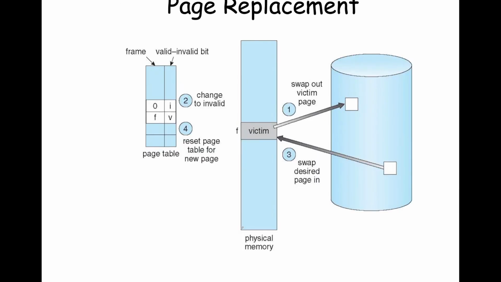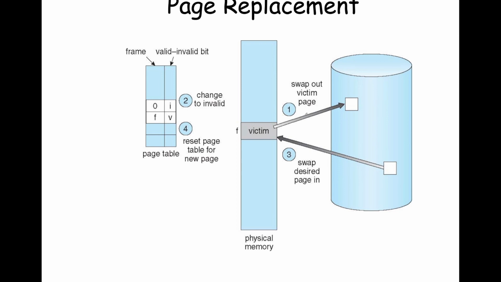Okay, and so this schematic is in the book, and it's an illustration of the steps involved in doing this swapping, this page replacement selection. And so here on the left, we have the page table, with the first column being the frame number and the second column being the valid invalid bit.